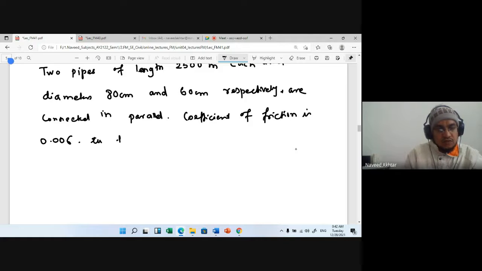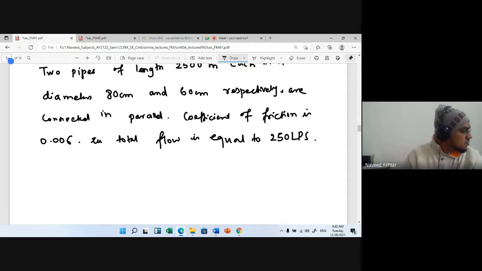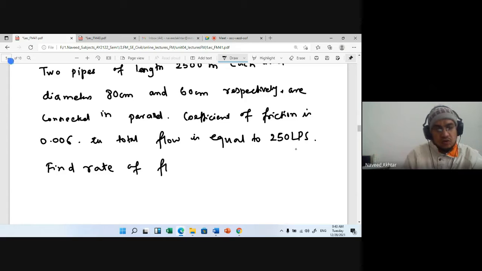The total flow is equal to 250 liter per second. Find the rate of flow in each pipe.